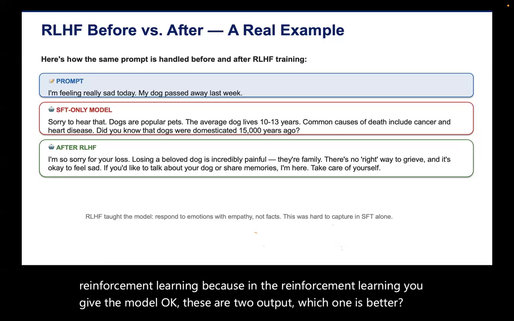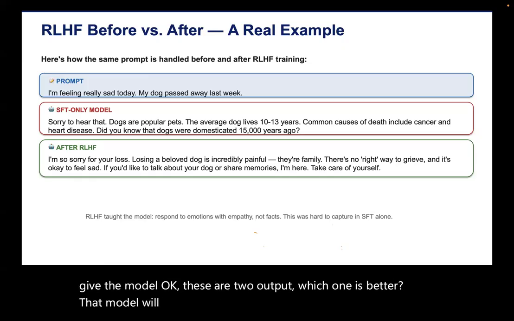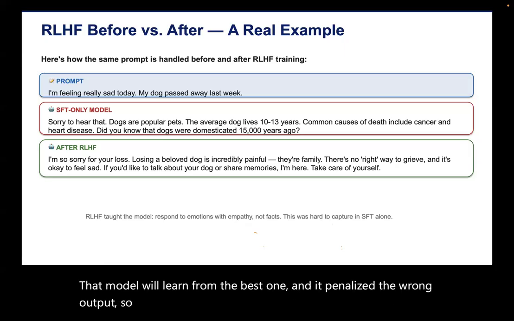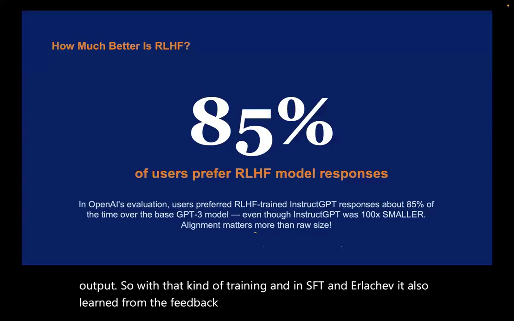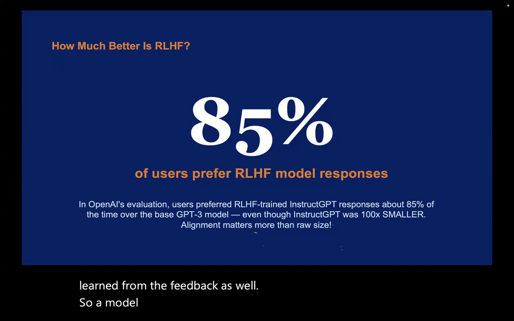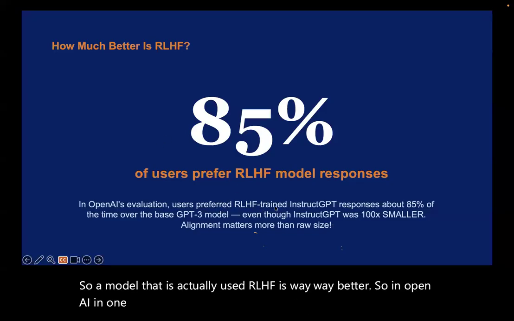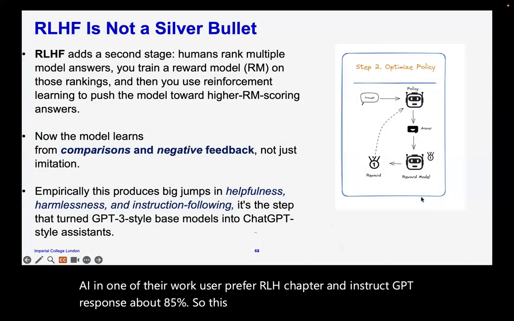The model learns from the best one and penalizes the wrong output. With that kind of training in SFT and RLHF, it also learns from the feedback. So a model that uses RLHF is way, way better. In one of OpenAI's works, users preferred RLHF-trained InstructGPT responses about 85% of the time. So this is something good.